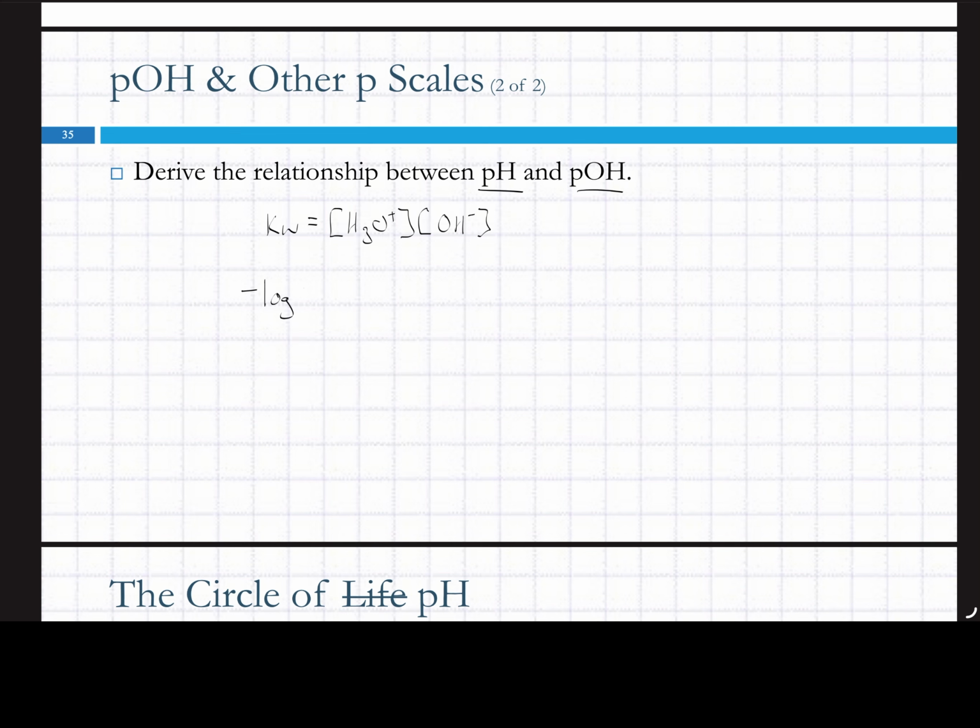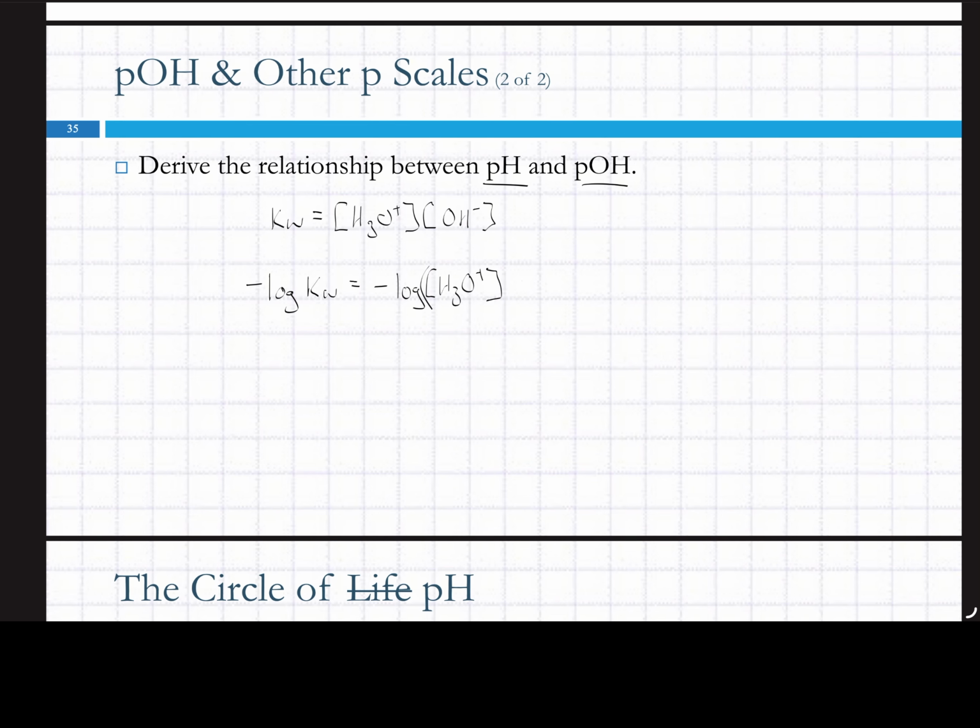So the negative log of Kw equals the negative log of H3O plus times the negative log. Oh, well, this should be like this.